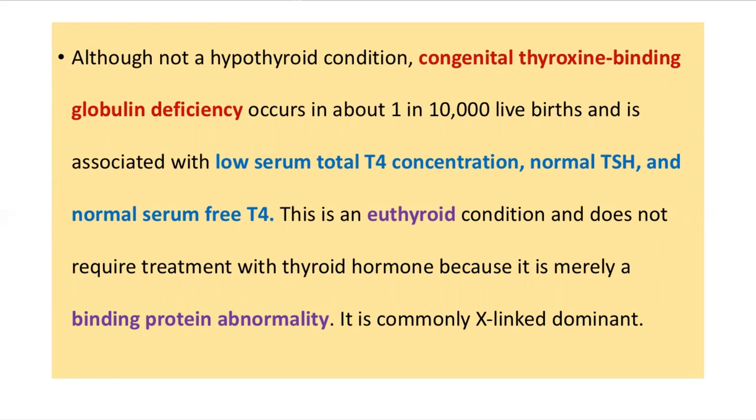It is euthyroid, يعني thyroid function أو الفري T4 بيبقى normal. This is an euthyroid condition and does not require treatment with thyroid hormone because it is merely a binding protein abnormality. It is commonly X-linked dominant.